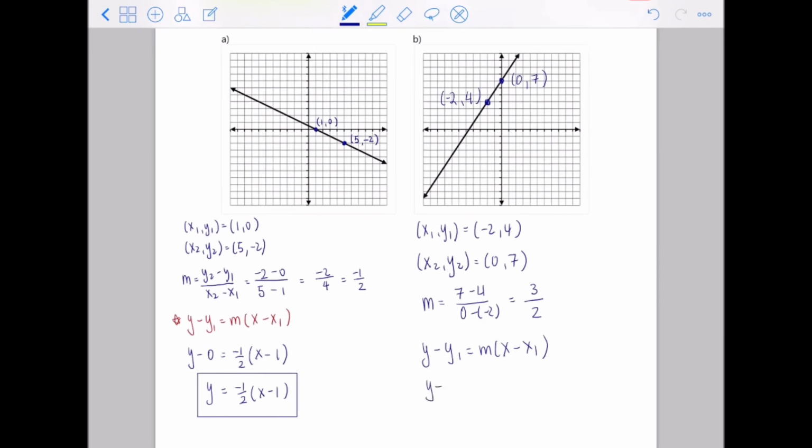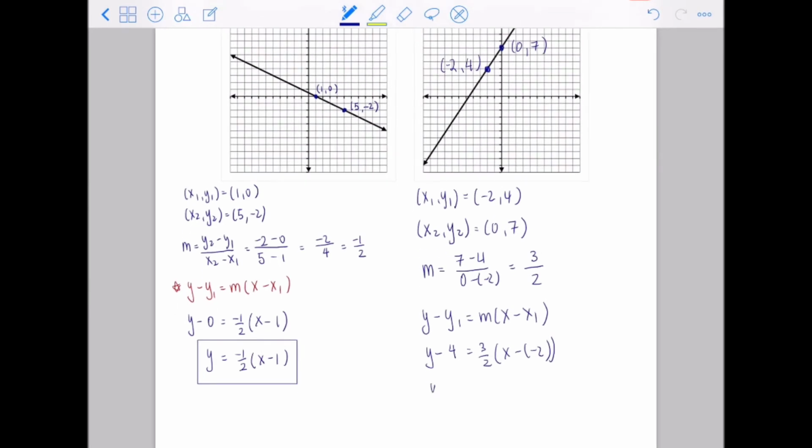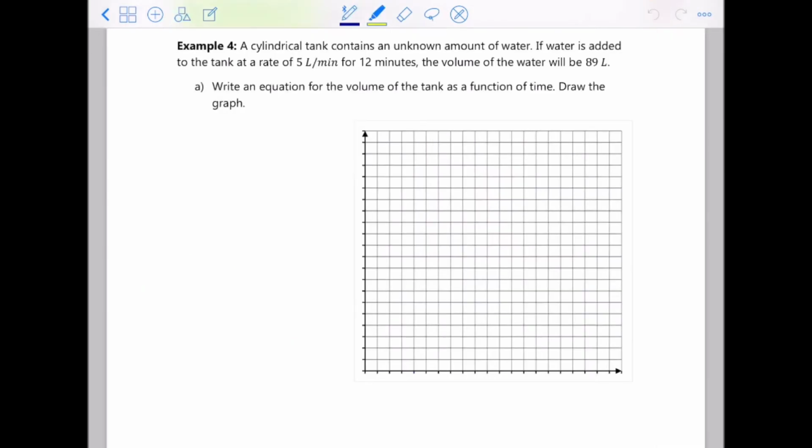And so sub in all the values we know. So y1 is 4, m is 3 over 2, x1 is negative 2. So we simplify the bracket. So x plus 2 here. Alright, so this is point slope form.